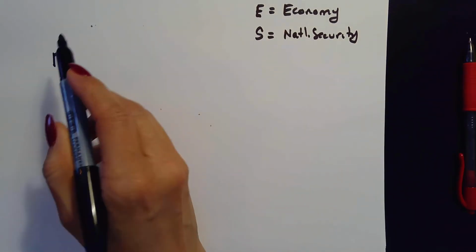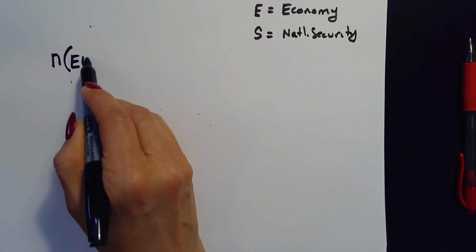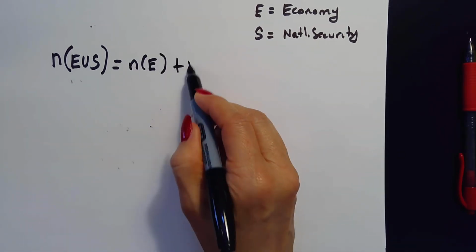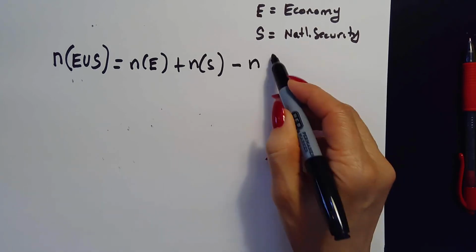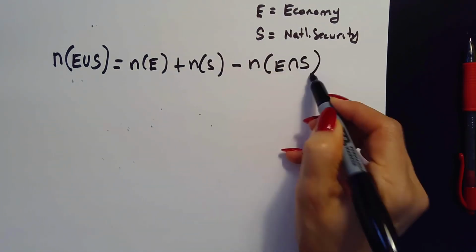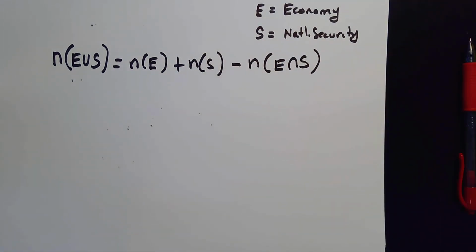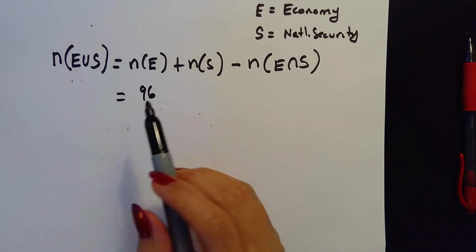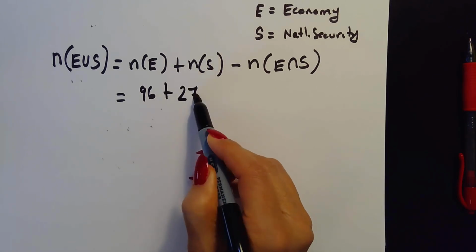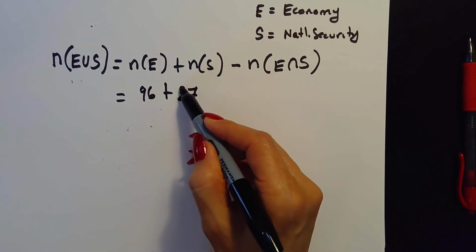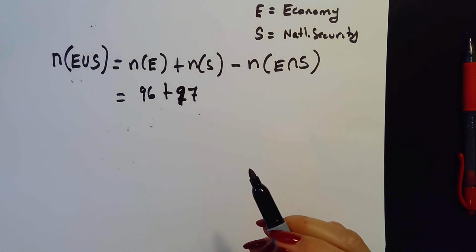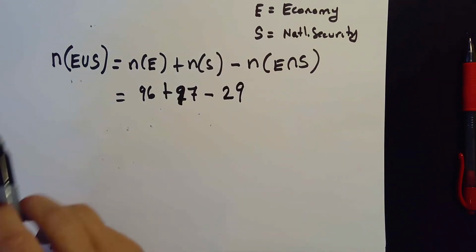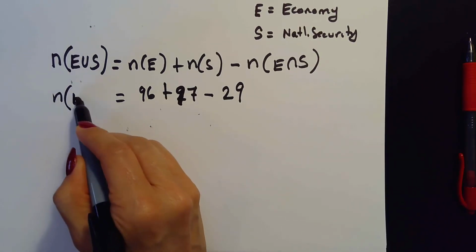The formula says that the cardinality of the union is equal to the cardinality of E plus the cardinality of S minus the cardinality of both E and S, right? So I know I have 96 people believe the economy plus 97 believe national security is a top issue, and we know 29 said both. So then you just figure this out and you're going to get the cardinality of the union.